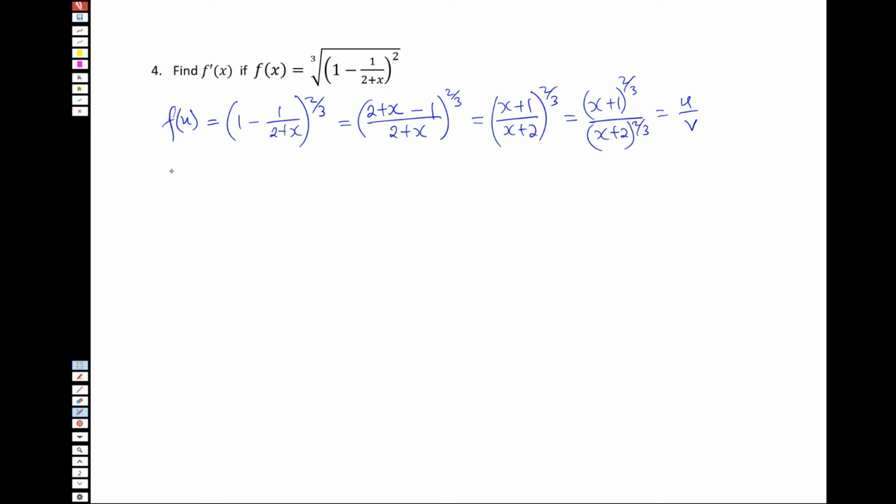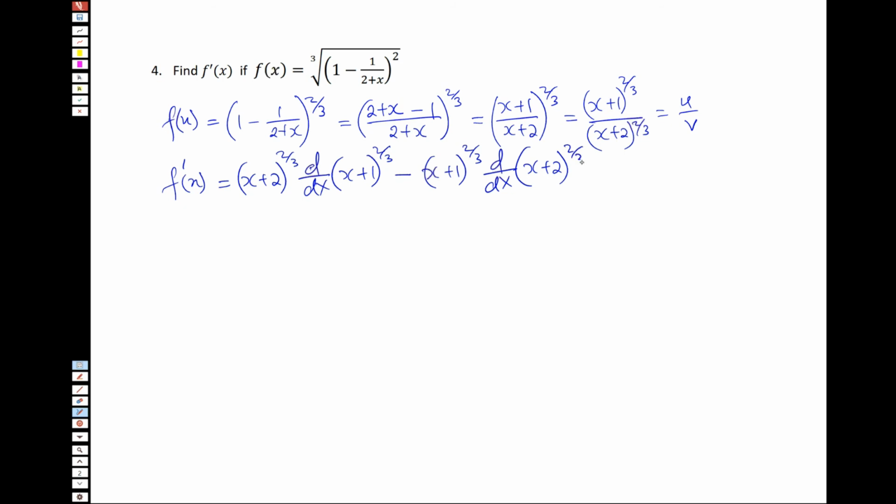So if you apply the quotient rule, f dash x or dy over dx will be equal to x plus 2 to the power 2 over 3 multiplied by the derivative of x plus 1 to the power 2 over 3, minus x plus 1 to the power 2 over 3 multiplied by the derivative of x plus 2 to the power 2 over 3, all this over x plus 2 to the power 2 over 3, and this has to be squared.